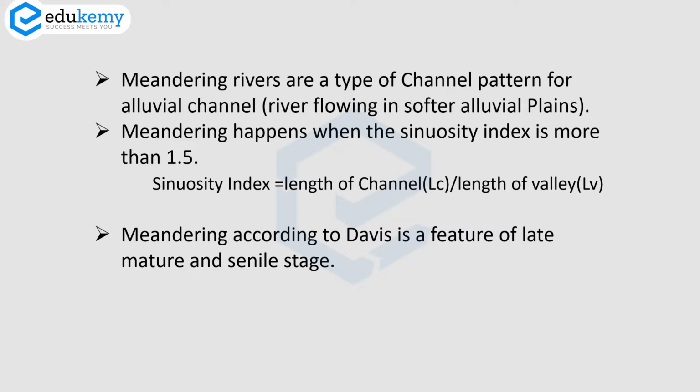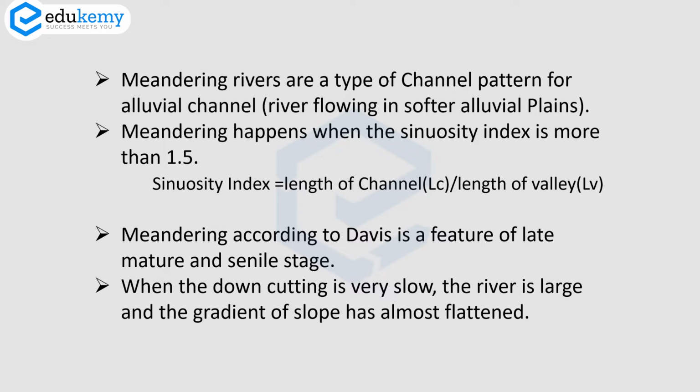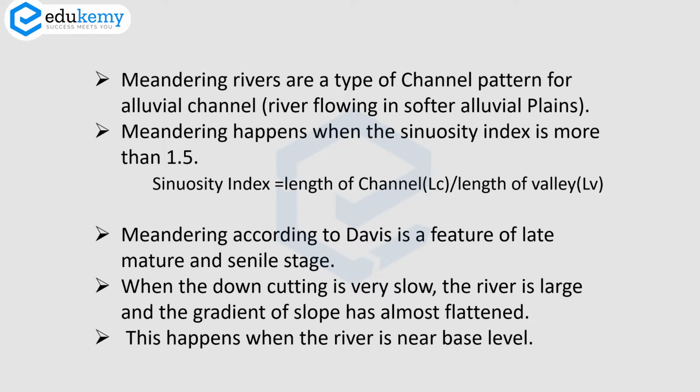Meandering, according to Davis, is a feature of the late mature and senile stage, when downcutting is very slow, the river is large, and the gradient of the slope has almost flattened. This happens when the river is near the base level.